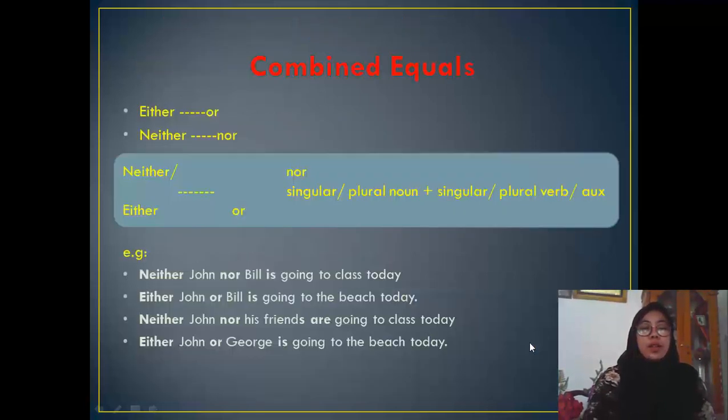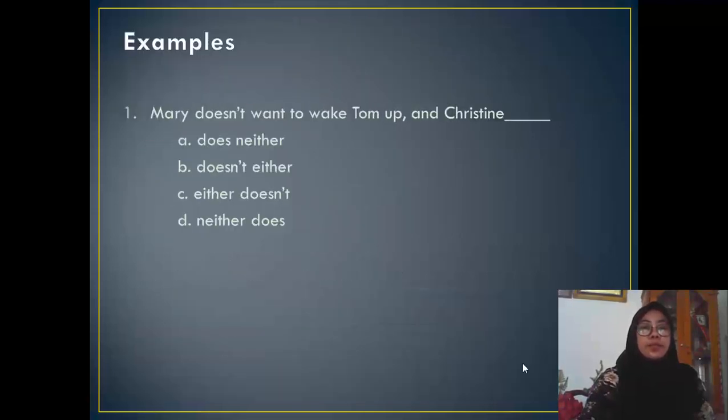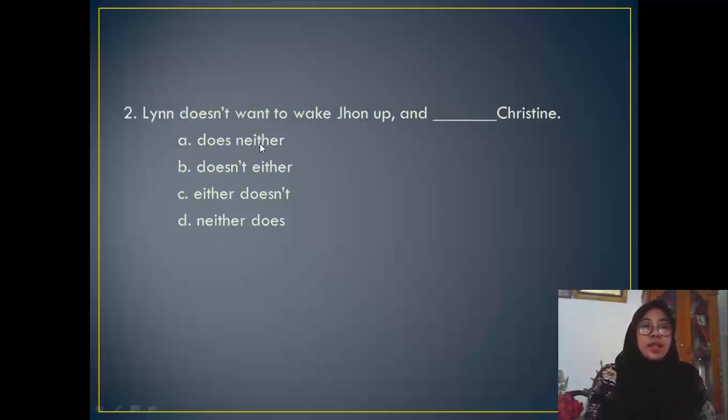Meanwhile, for neither, you can use the auxiliary directly, and after that the subject. Let's see. Mary doesn't want to wake up Tom, and Christine, because it is in front of, so we must look for the answer in either.